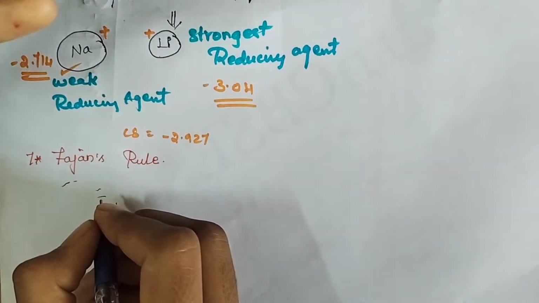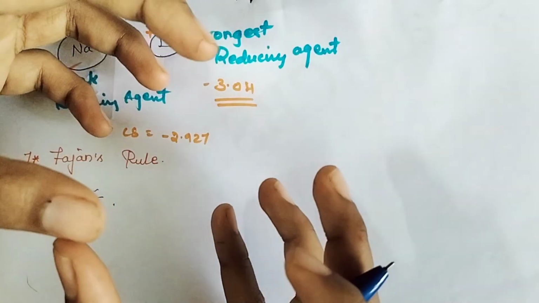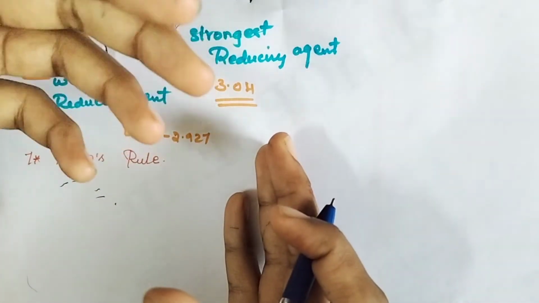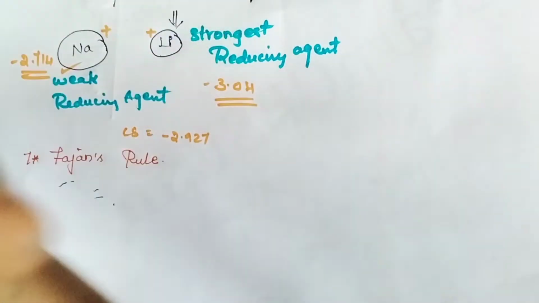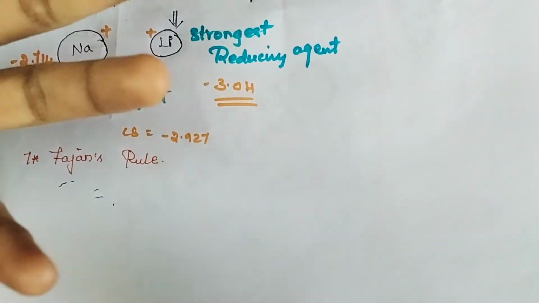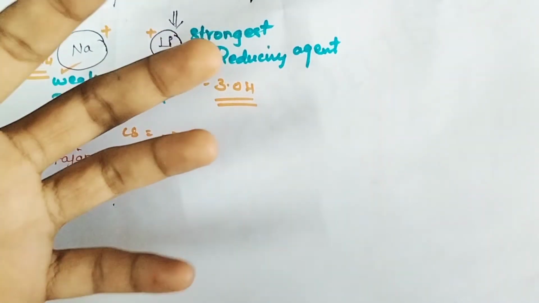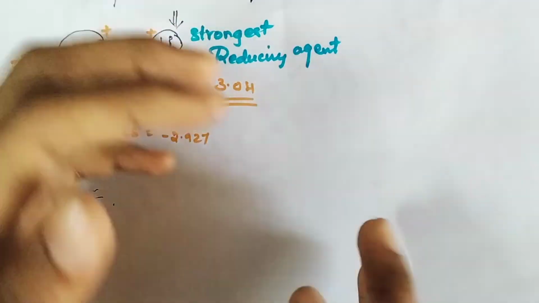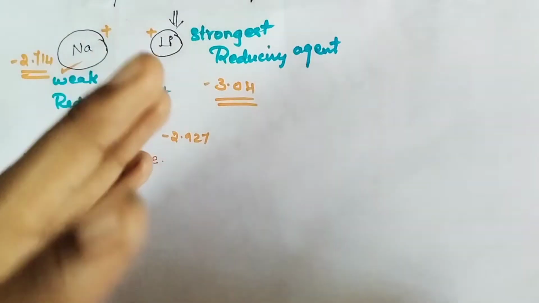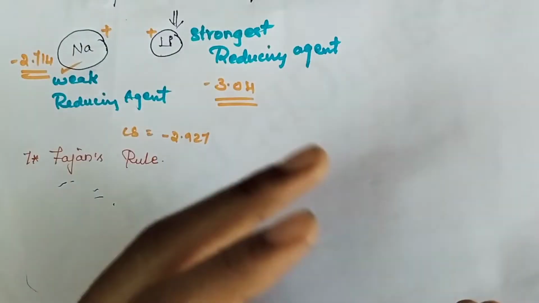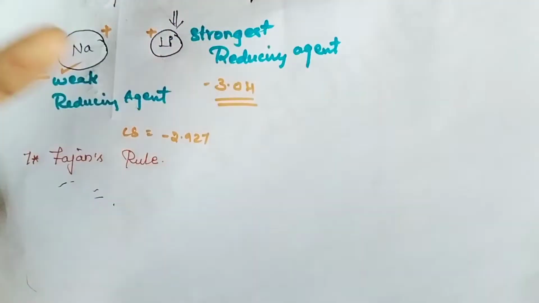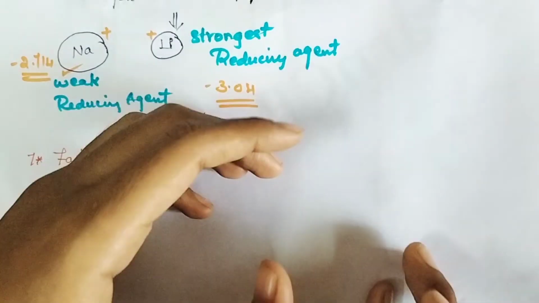As we know, the most common idea of metal and non-metal is that the metal will be bigger in size, and the non-metal will be smaller in size. The metal will have more space, and the non-metal will be attracted towards the nucleus. It's a common point which we learned.